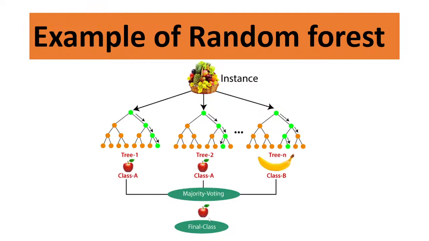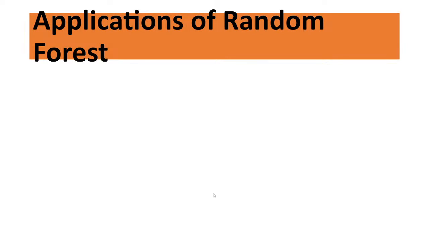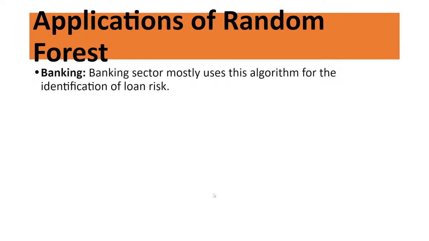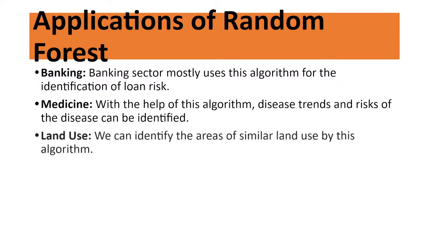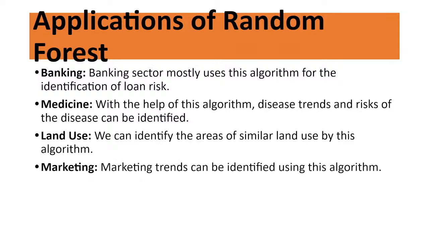Then the majority voting will be water, because I get water two times. As for applications of random forest, there are a lot in other sectors too, such as banking, medicine, and land use land cover. We can identify areas of similar land use with this algorithm, and it is also used for marketing. In all sectors we can easily apply the random forest algorithm.